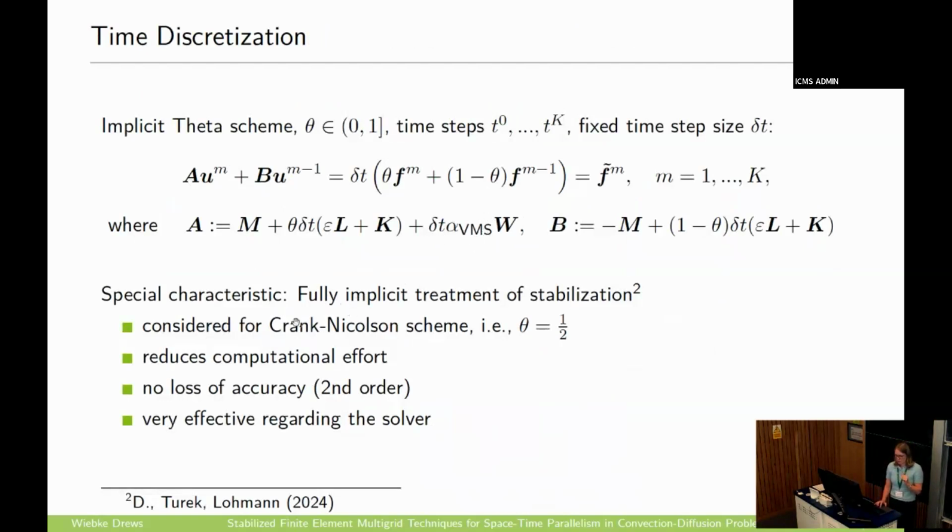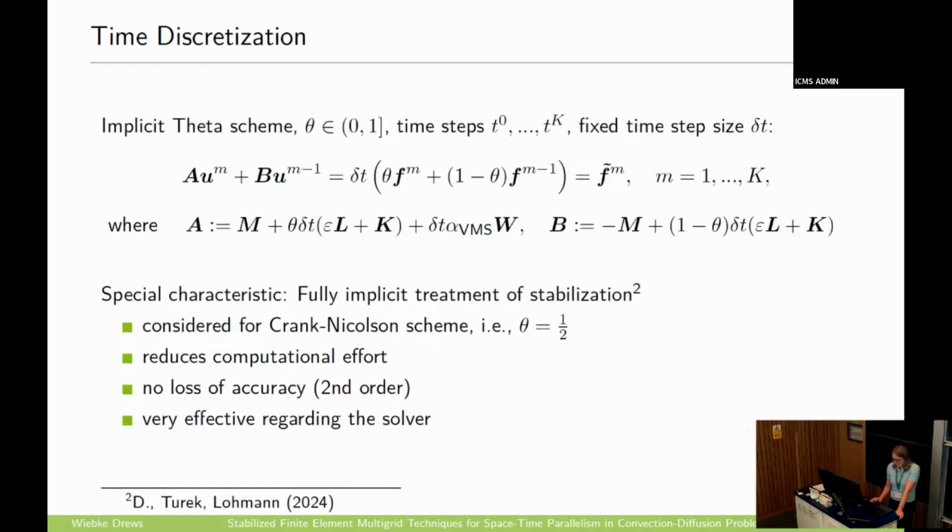This was especially considered for Crank-Nicolson's scheme. And as we saw, the stabilization matrix has a larger bandwidth. So if we only add it here, maybe we reduce the computational effort a little bit. And moreover, there's no loss of accuracy, so we still get second order here, and it was very effective regarding the solver.